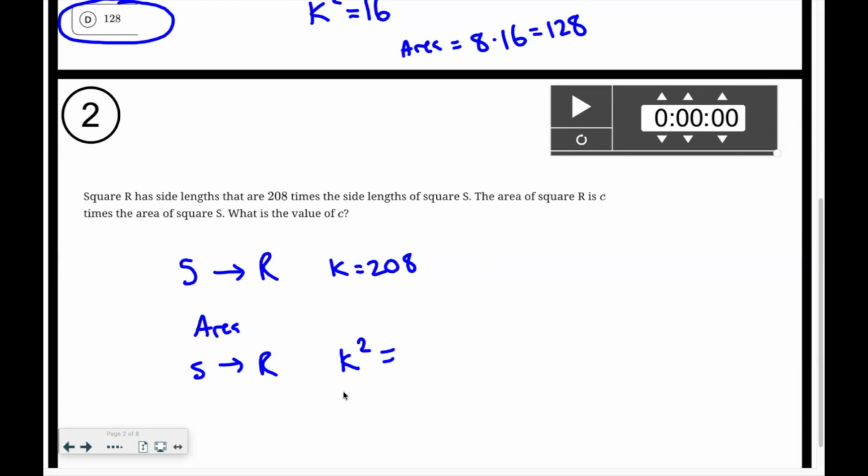So all we have to do is 208 squared, which is 43,264. And that is what C is, because that's what we're multiplying the area of S by to get the area of R. If we understand these problems through the lens of scale factors, a problem like this is super simple. It's literally just 208 squared.